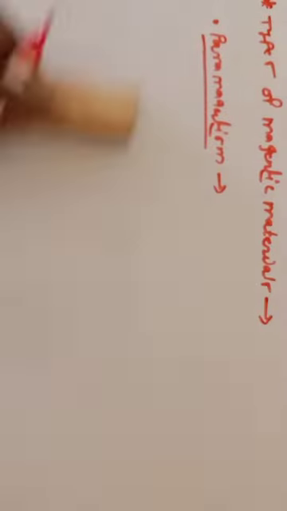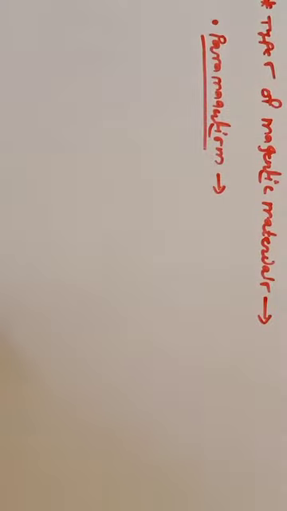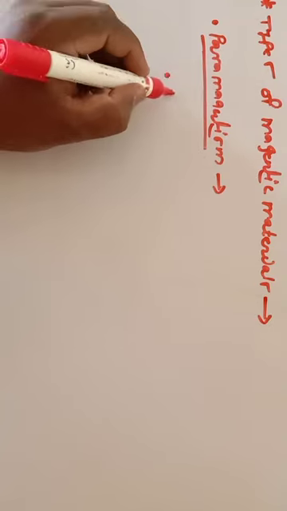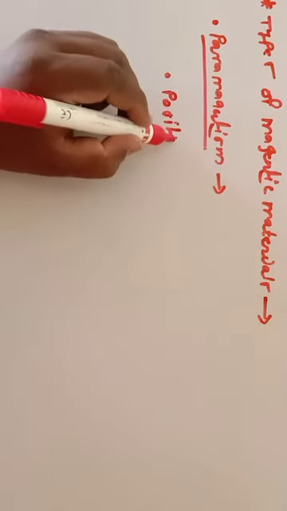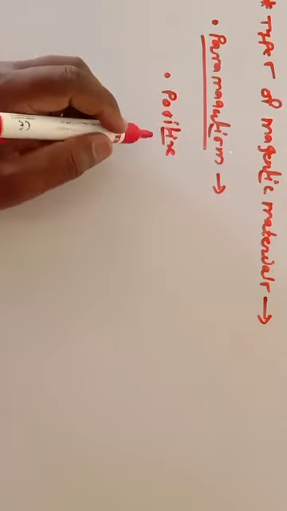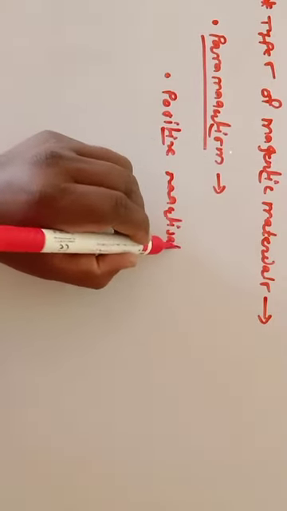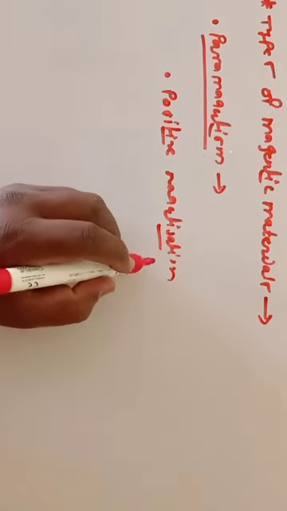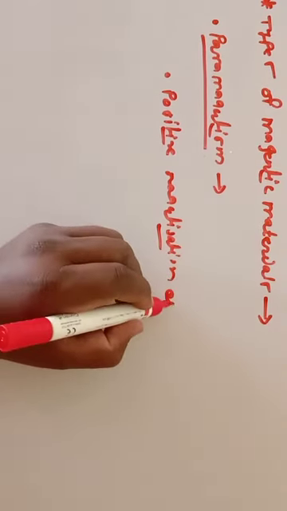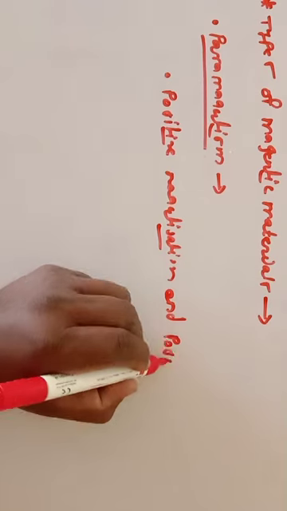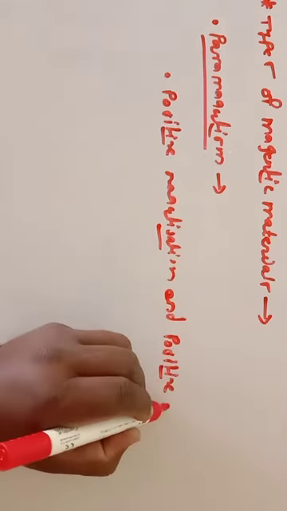No doubt there are already magnetic moments due to the unpaired electrons, but the net magnetic moment increases, and due to this there is a positive magnetization due to the application of the external magnetic field, and positive magnetic susceptibility.